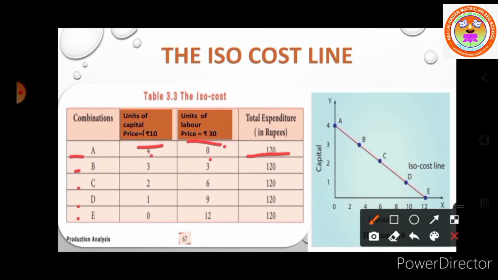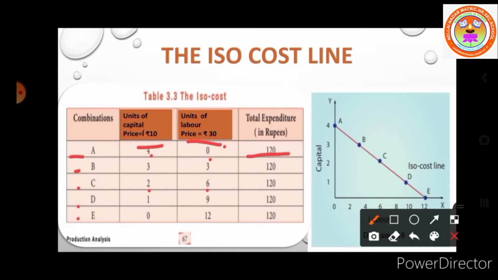B combination shows 3 units of capital, 3 units of labor. C combination, 2 units of capital, 6 units of labor. And this combination costs 120. Similarly, the other combinations B, C, D, E cost the same amount, rupees 120.